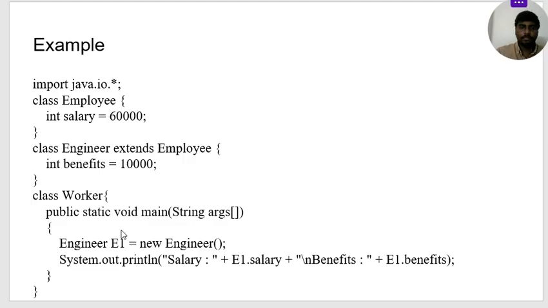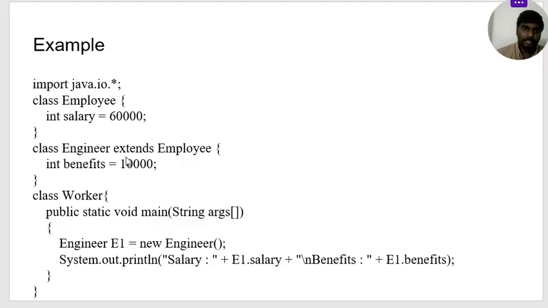Let's come to the example. Let's say we have three different classes. In the first class, called Employee class, we have declared the salary of an employee as an integer variable, 60,000.